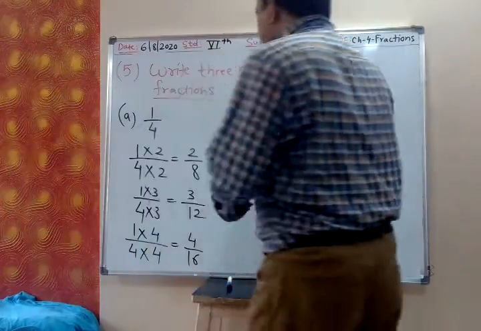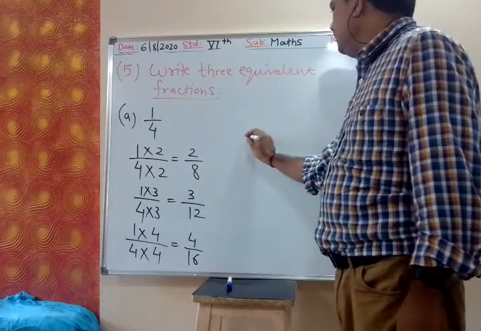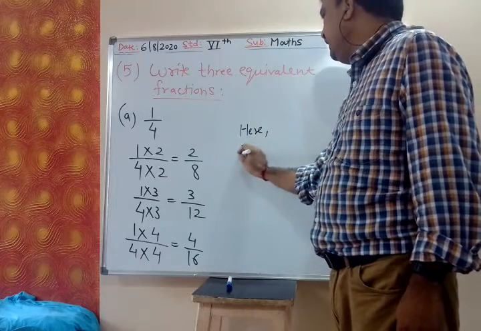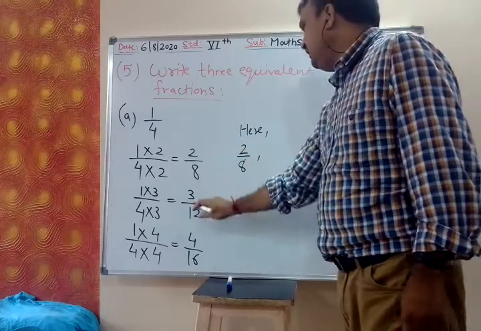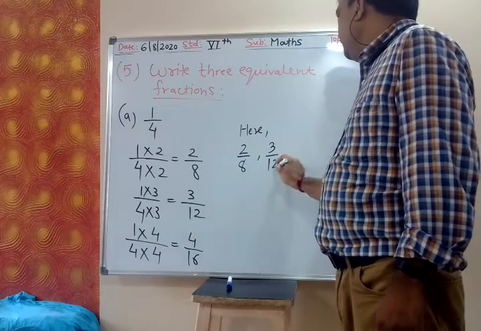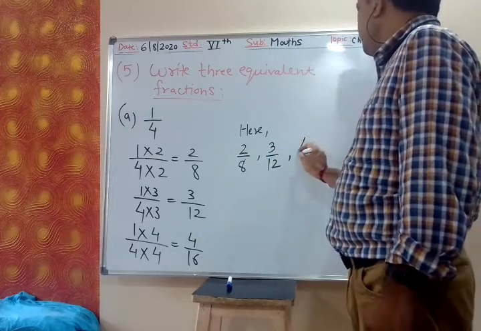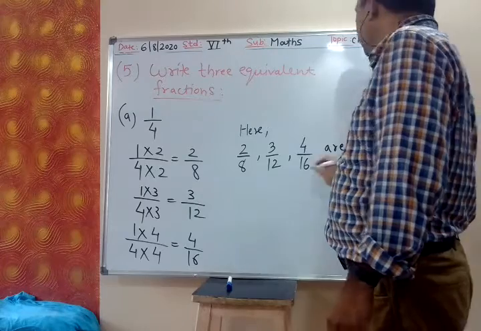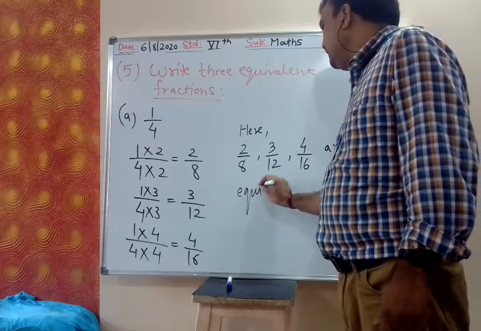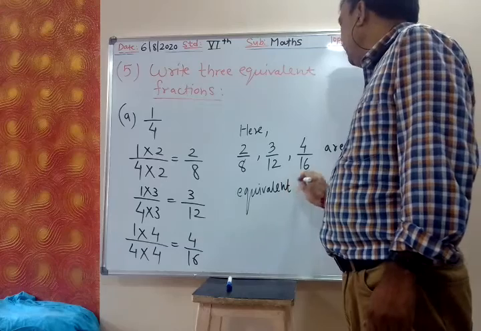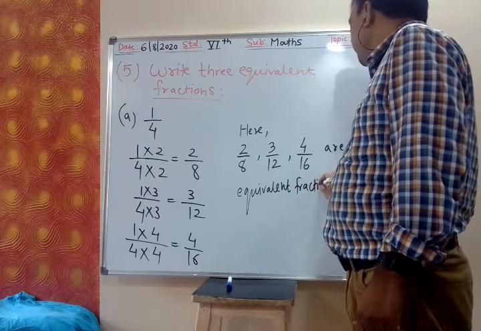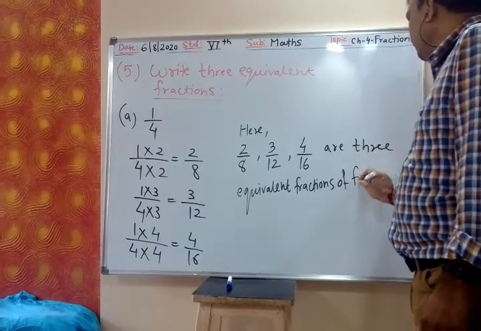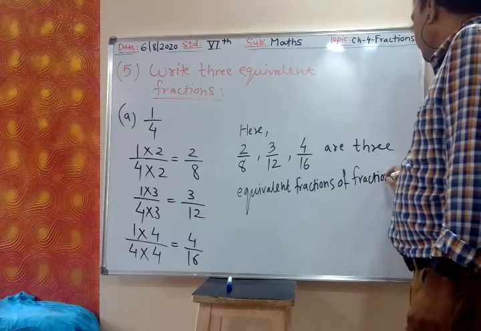So here 2 by 8, then 3 by 12, then 4 by 16 are 3 equivalent fractions of the fraction 1 by 4.